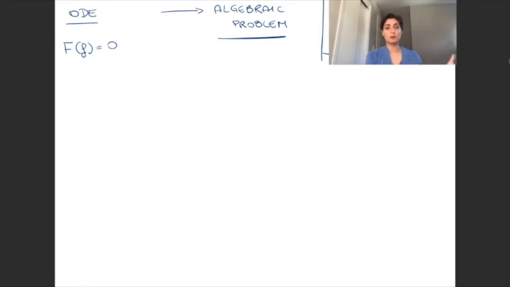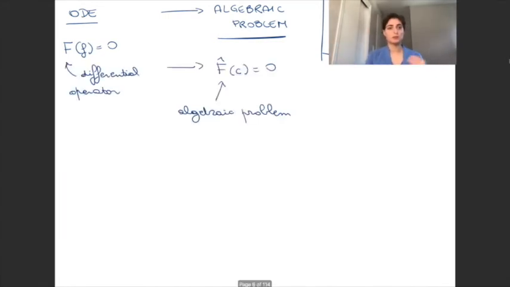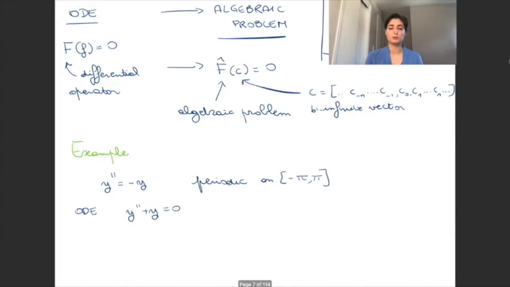So we went from having an ODE that I'll write as capital F of small f equals 0 to an algebraic problem. Here I interpret capital F as a differential operator, and we apply some sort of transformation, and we have changed the problem from trying to find a function to trying to find C. The new problem, which I'll try to be more precise about further on, I'm now just going to note as capital F hat. Remember that hat is sometimes used for a Fourier transform. And now C is this infinite vector.